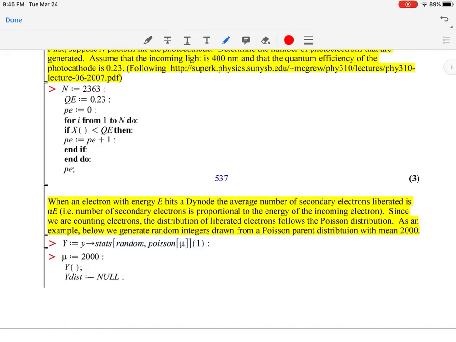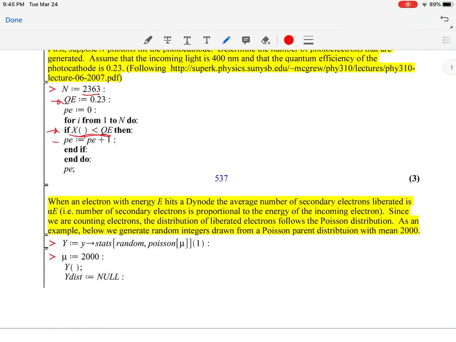Let's draw random numbers from that function x 2,000 some odd times, and let's just count every time we have x less than the quantum efficiency of 0.23.